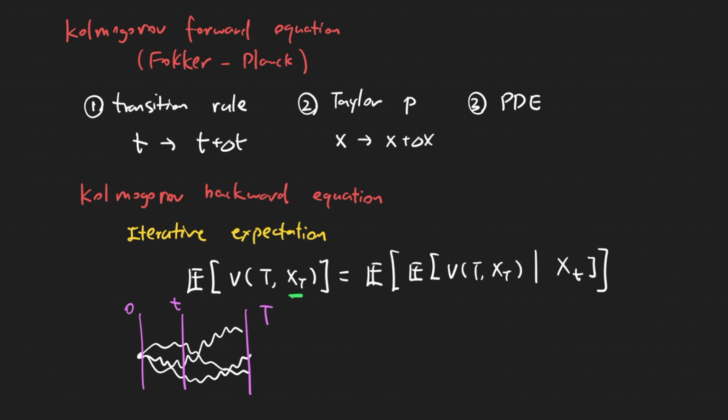So we find the expectation at the time small t first, and that is a random variable depending on X_t. Then we take the expectation again.